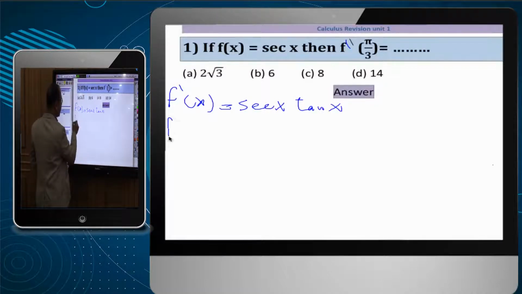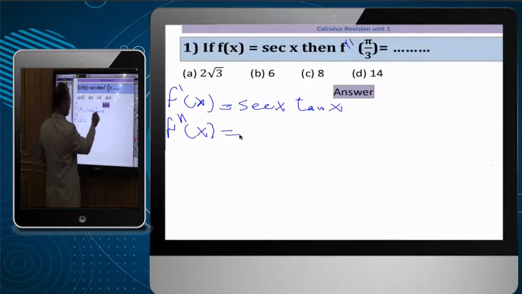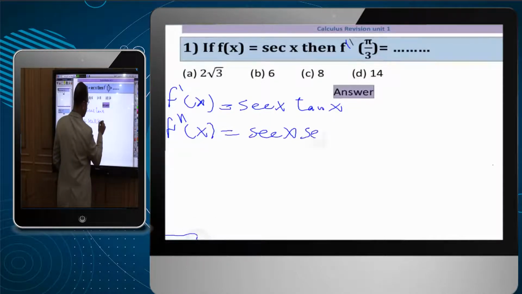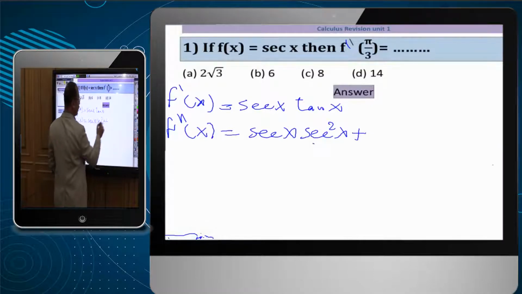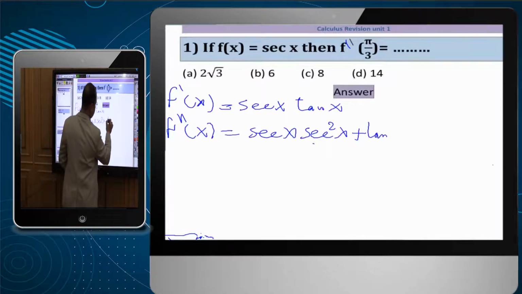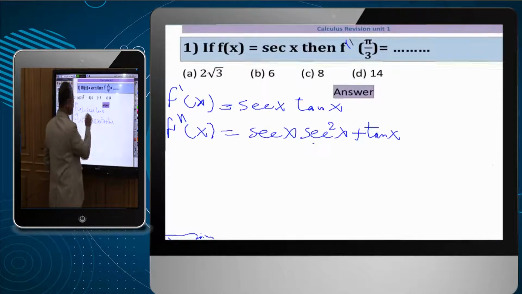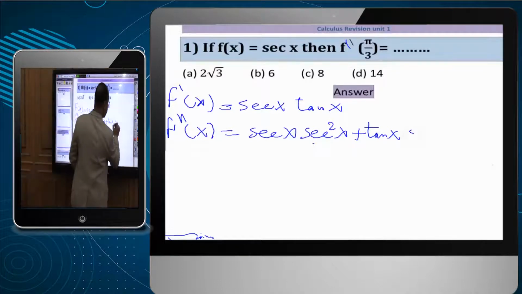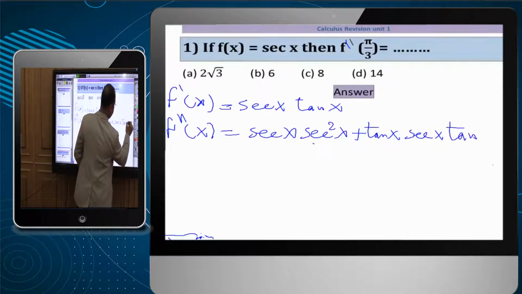Next, f double dash of x equals the first times differentiation of 10x is 6 squared, plus the second times differentiation of 6 is 6 10 6x 10x.